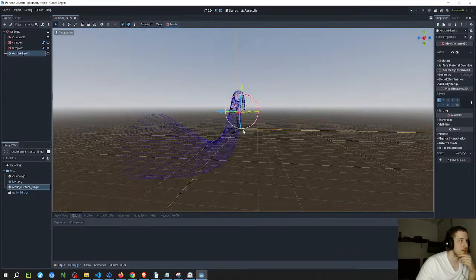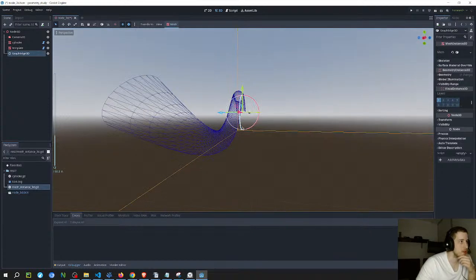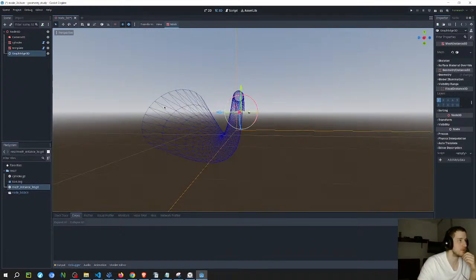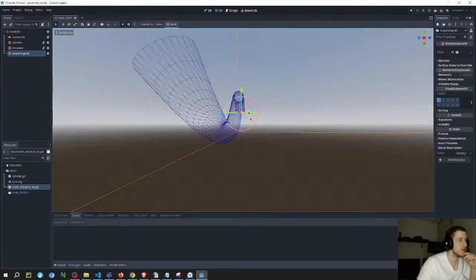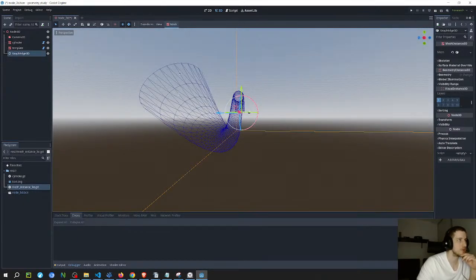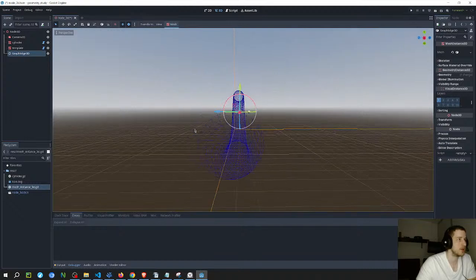Because the way that this is happening here is it's connecting the points through the two cylinders, the segments that make up the curve. And on the first iteration, I need to figure out how to connect the points also on the face. So it puts triangles here. But I think that's just a matter of figuring out the indices.